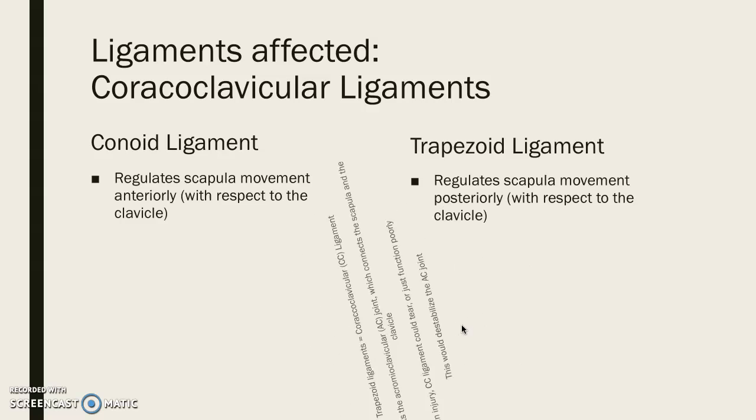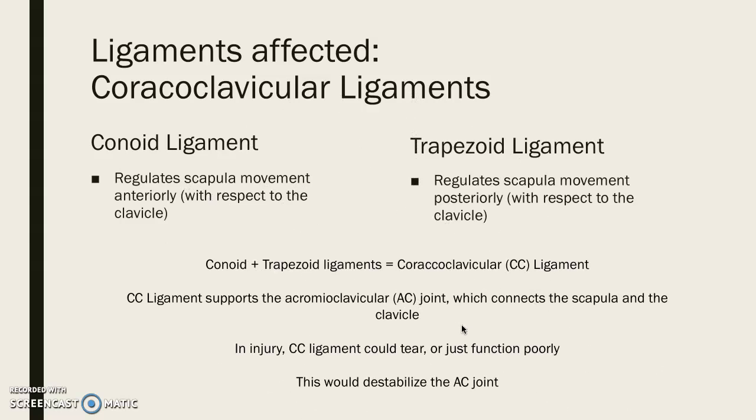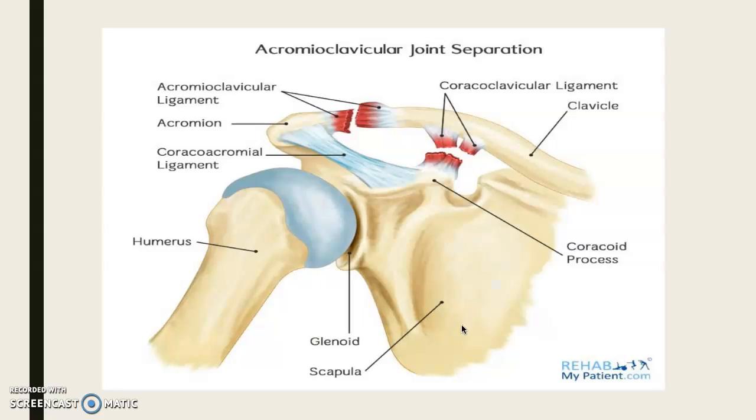Together, these two ligaments make up the CC ligament, which supports the acromioclavicular joint, which connects the scapula to the clavicle. So in injury, the CC ligament could tear or just function poorly, which would destabilize the AC joint. Here is an image where you can see the CC ligament and the AC joints in relation to the clavicle in injury, and you can see how they are separated here.